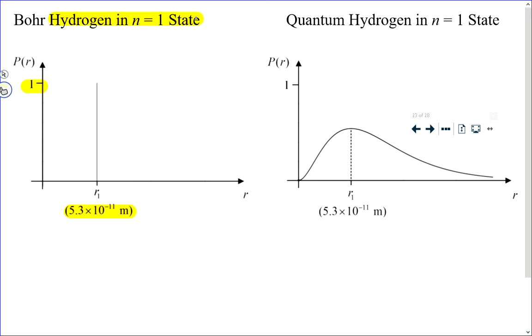When you take a look at the quantum mechanical model, it still describes the behavior of the electron in the n equals 1 state for hydrogen, but the probability of it being in this particular location, which is what Bohr says the radius will be, is not 1. It's less than 1.